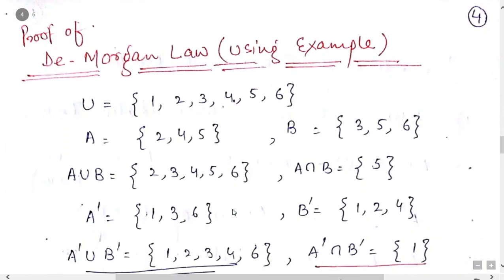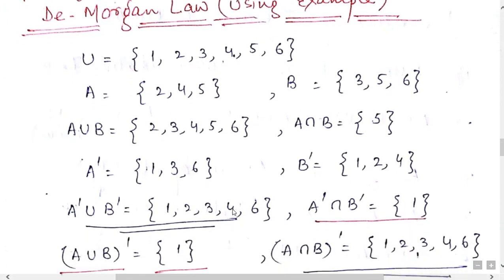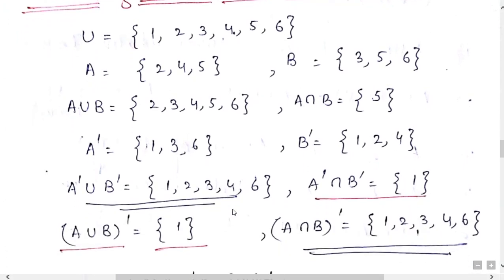Now let us prove De Morgan's law with the help of an example. Suppose the universal set is 1, 2, 3, 4, 5, 6. Set A is 2, 4, 5. Set B is 3, 5, 6. You can take any example according to your choice.